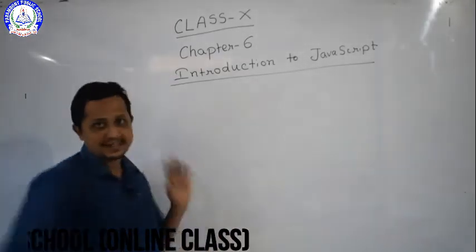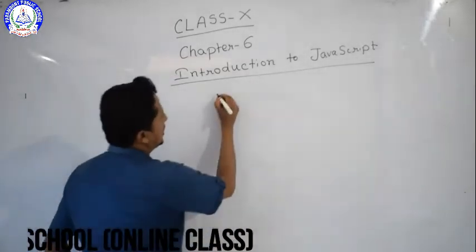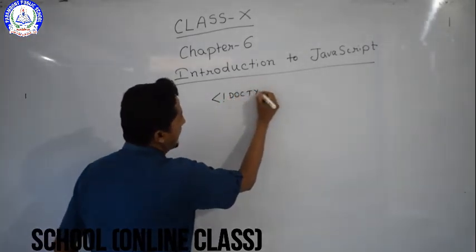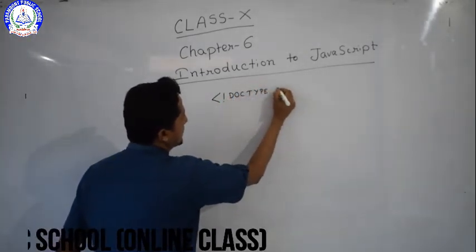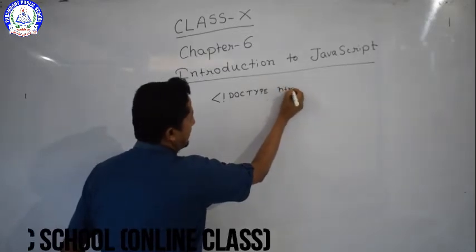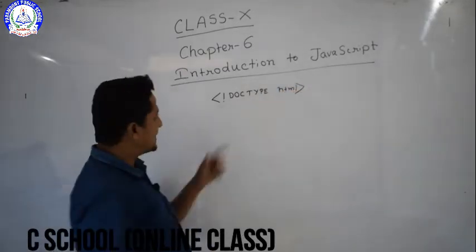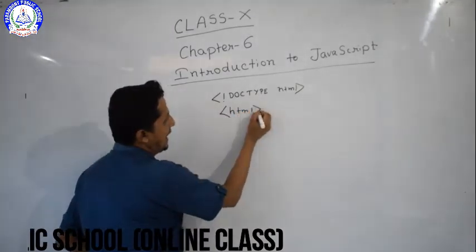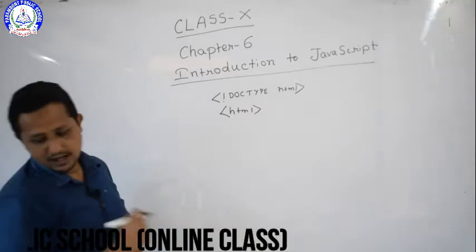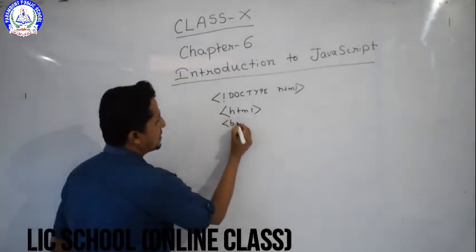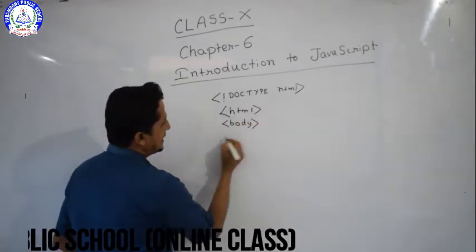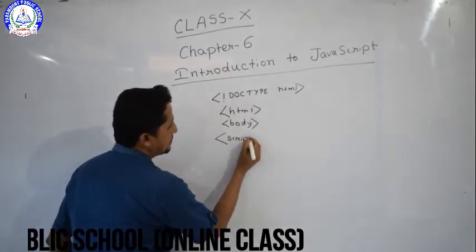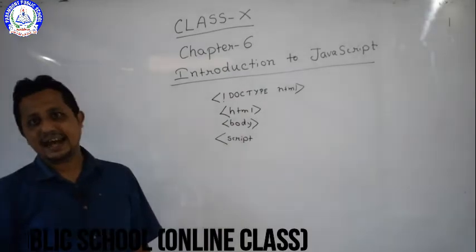I am just showing an example of JavaScript. We will start with this one, doctype HTML. So this will be the first line. Then we will write HTML. Then we will be writing body. Then here we will write script, language and type.